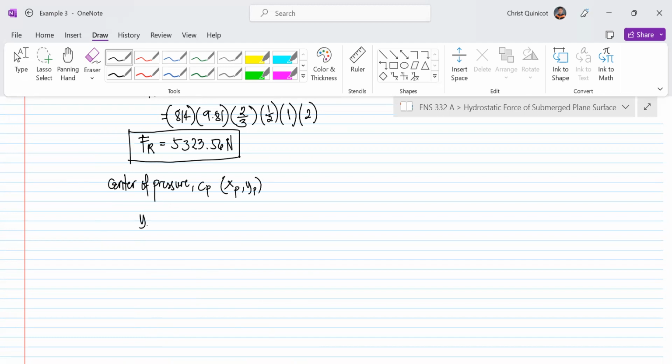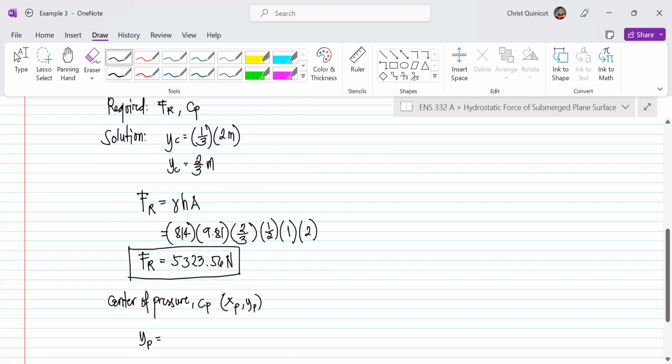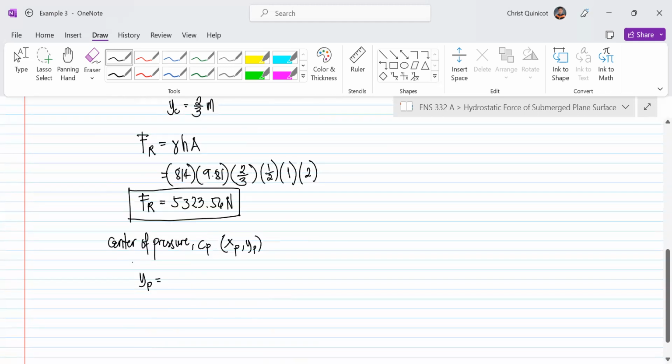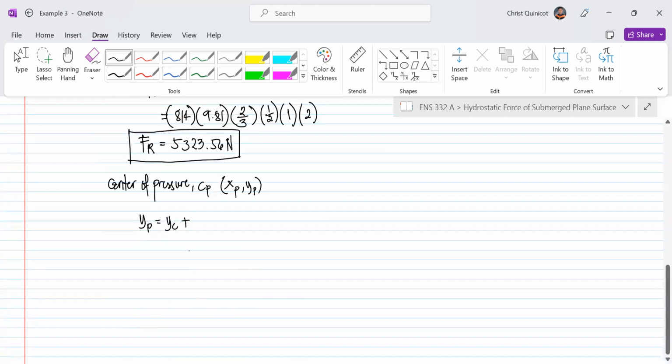Now for our y sub p, this is equal to the depth of our centroid, y sub c, plus the moment of inertia formula for triangles divided by y sub c times our area.